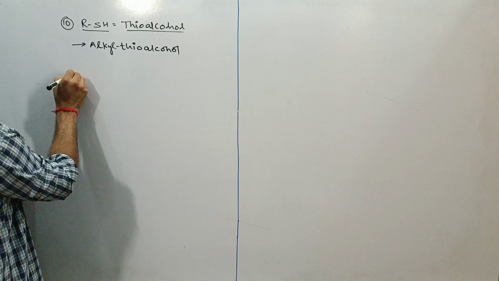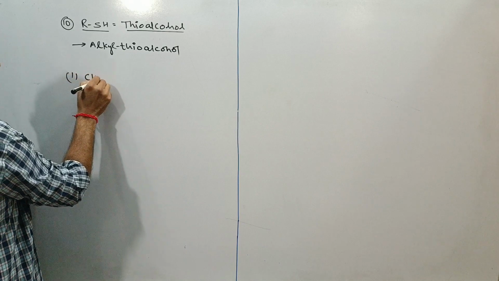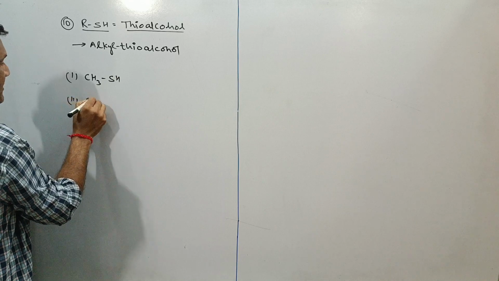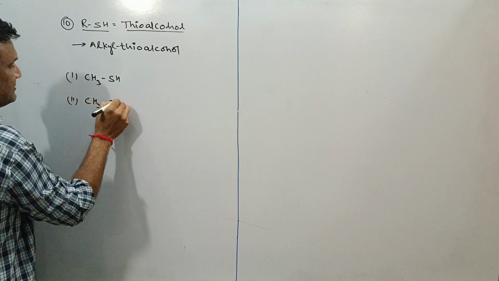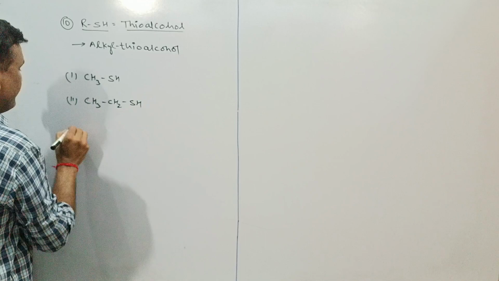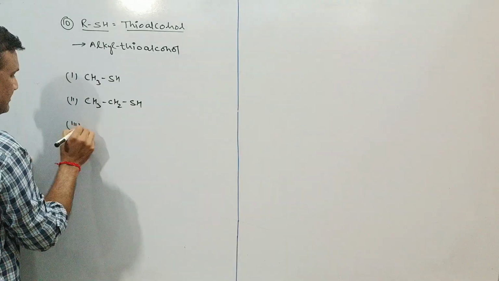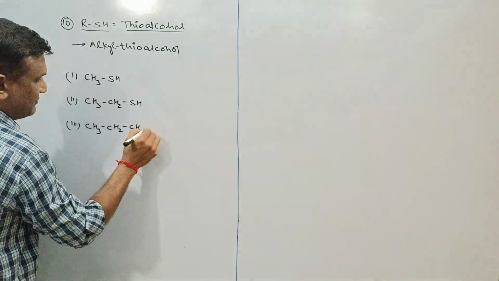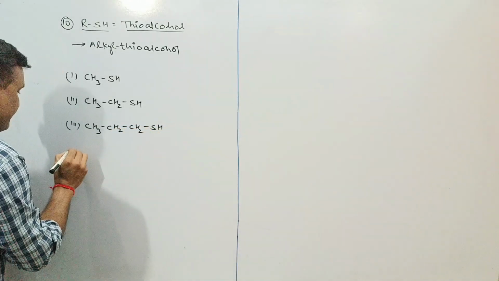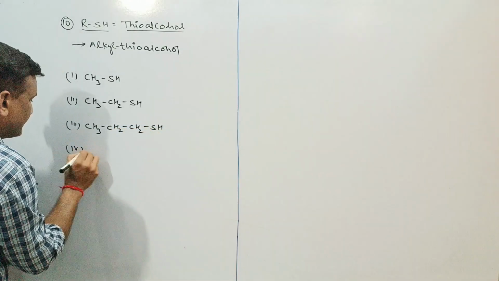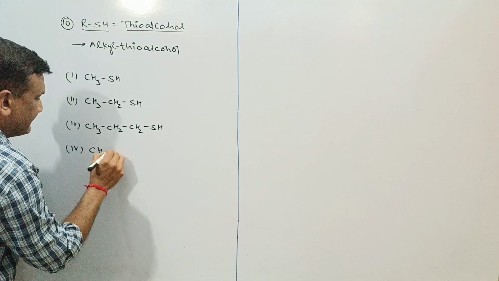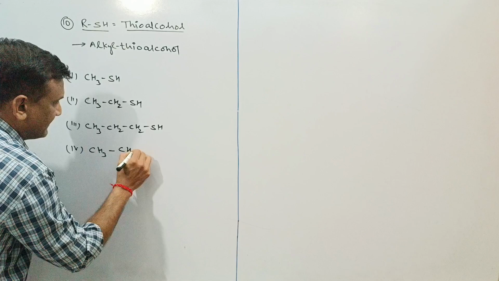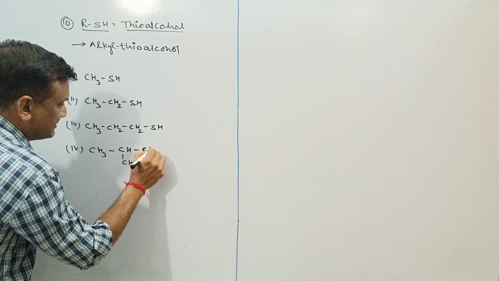Now it's time to discuss the practice. This is CH3SH. Number 2 compound is CH3CH2SH. Number 3 compound is CH3CH2CH2SH. Number 4 compound is CH3CHCH3 with SH.